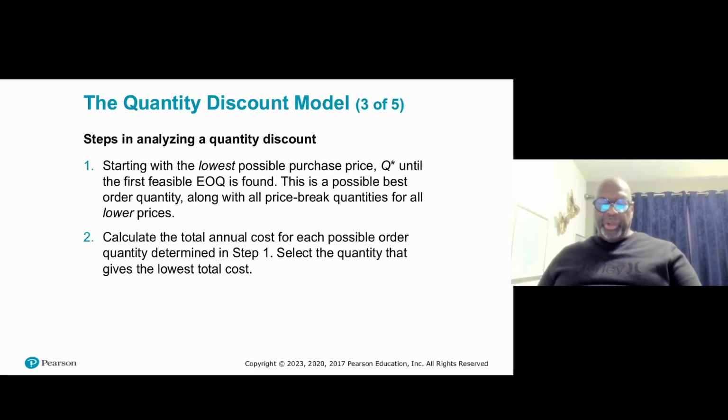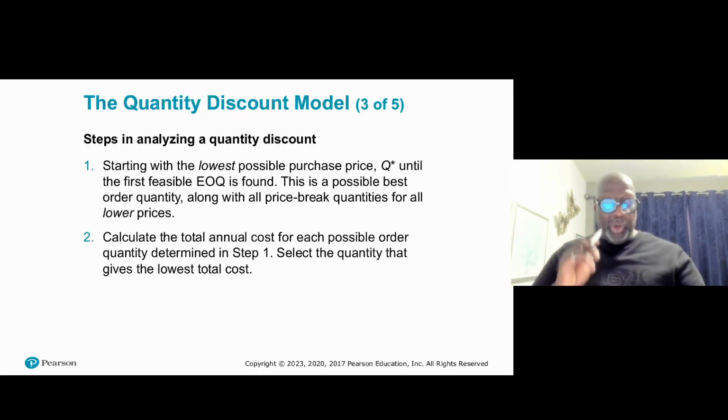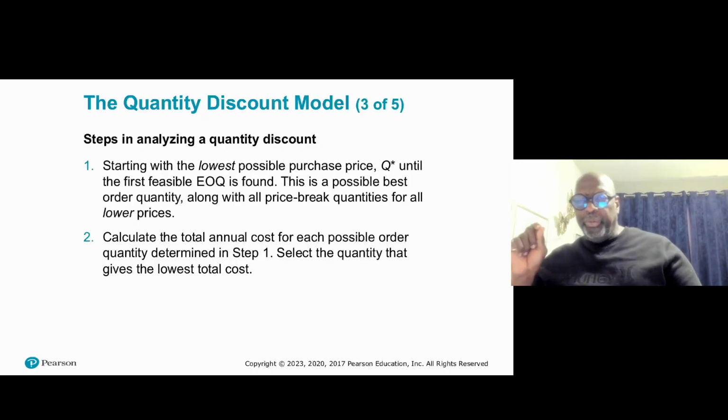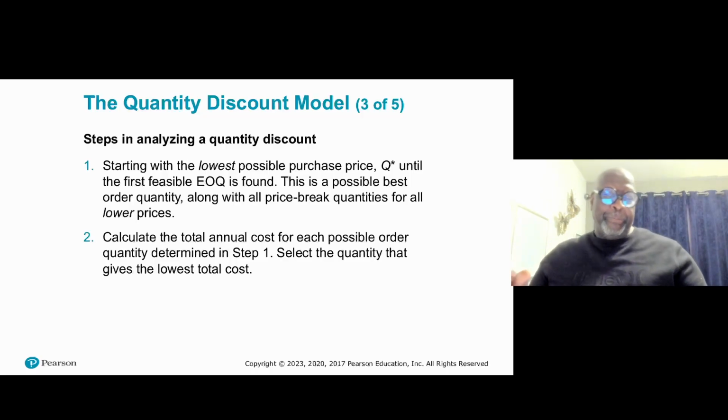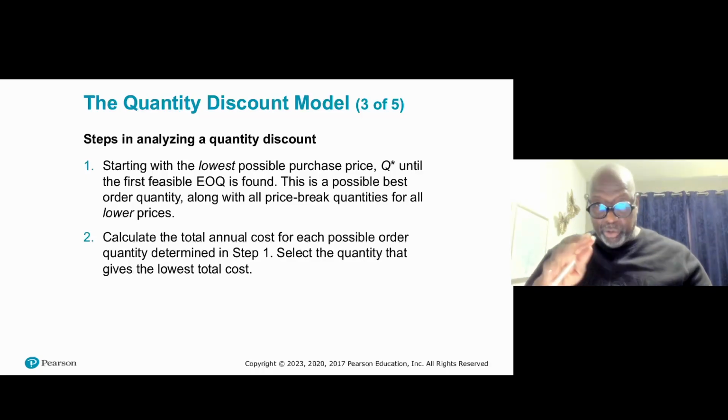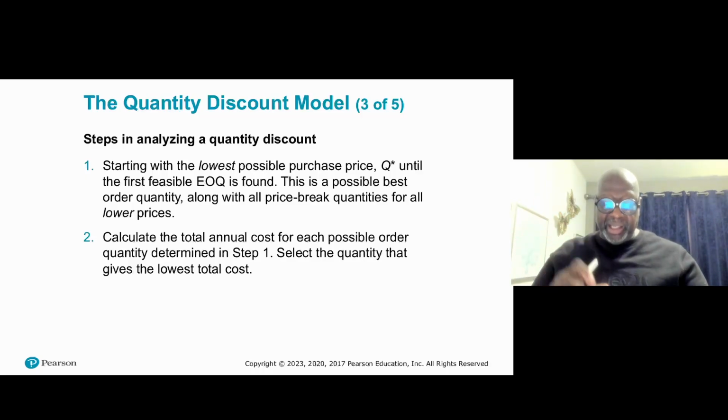The way in which you approach this is better shown as a diagram, but let me just show you the steps. Starting with the lowest possible purchase price, of course you go for the best price. If I go for the lowest possible price, can I get an economic order quantity that's feasible? If the answer is yes, great, then take it.